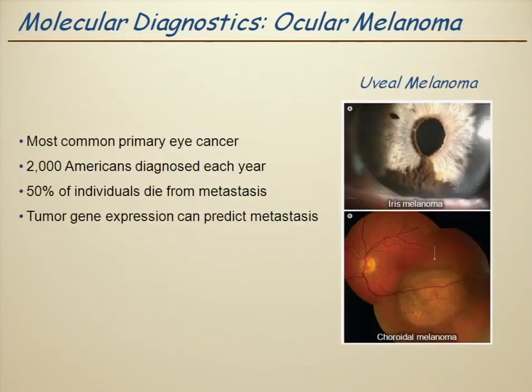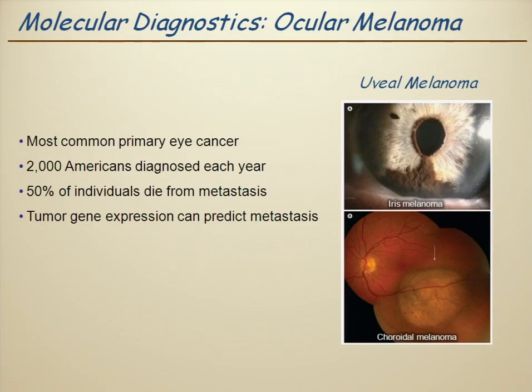Well, ocular melanoma, skin melanoma, it's a pigment cell condition. So it is the pigmented uveal tissues of the eye. Here at the front of the eye, the iris has pigmented tissue, and you can see the iris melanoma, kind of fluffy, elevated. It's a growth on the iris.